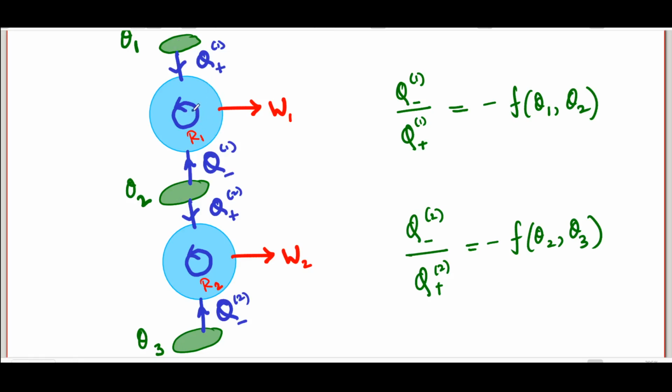So this is my first Carnot cycle or reversible cycle R1, and it draws Q1 plus amount of heat from the hot reservoir, Q1 minus amount of heat from the cold reservoir, and does W1 amount of work. The work done here is really not that important for the rest of our discussion. What is important is that the ratio of these two heats, Q1 minus by Q1 plus, is of course negative of this function f of theta 1 comma theta 2, whatever that function is.